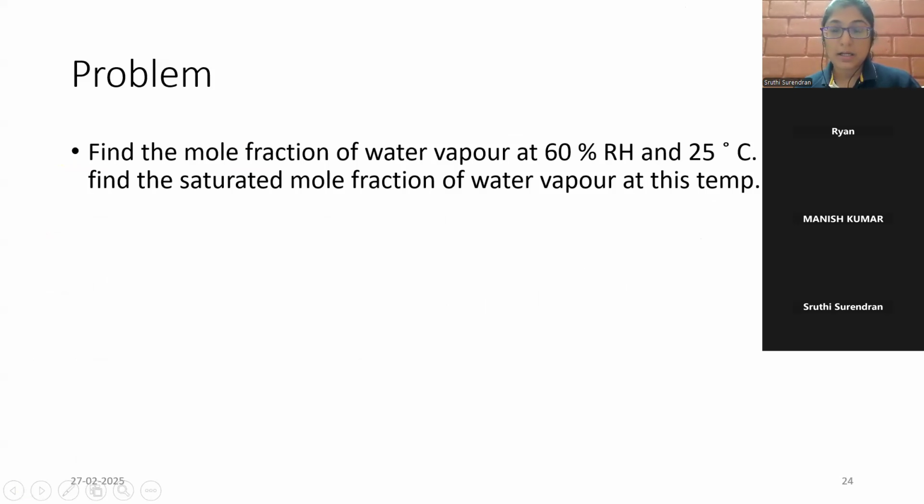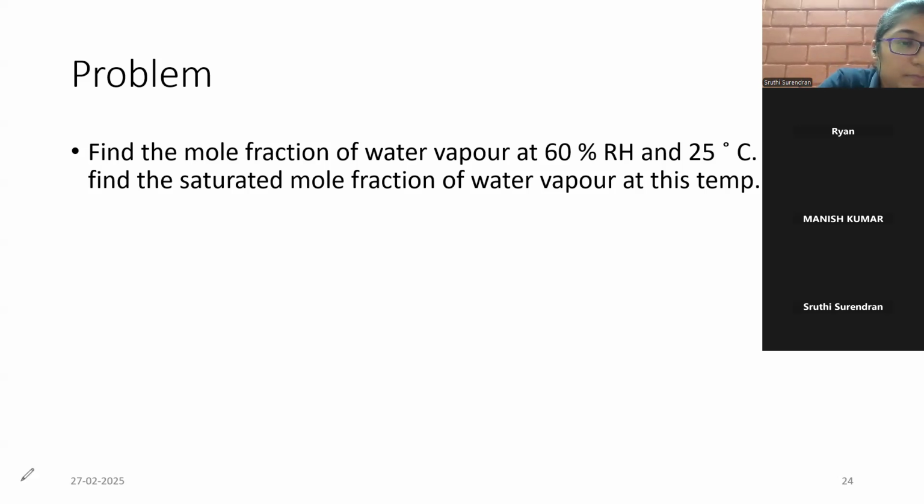So we had learned how to read the psychrometric chart in the last class. If anybody doesn't know, you can wait for the solution of this problem. I will again say how it is done. So please work on this problem. I have put the psychrometric chart in the chat box. Please find the mole fraction. This is given in grams per kilogram.